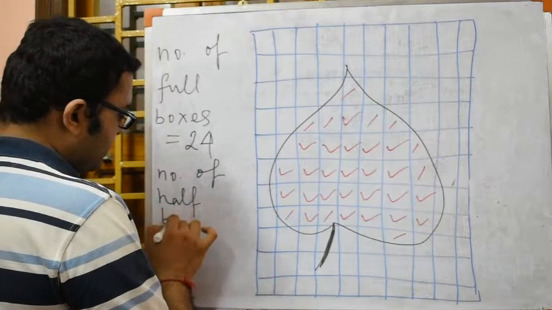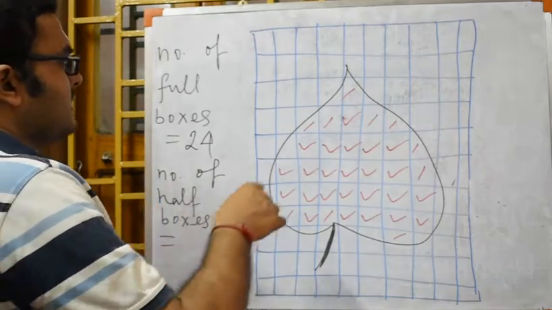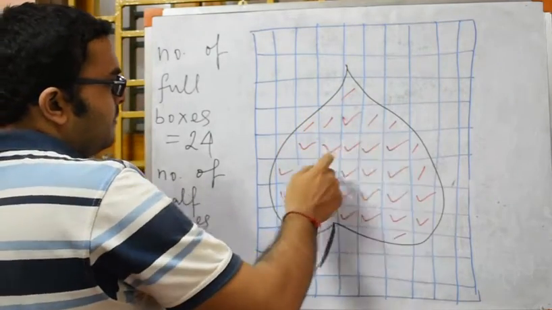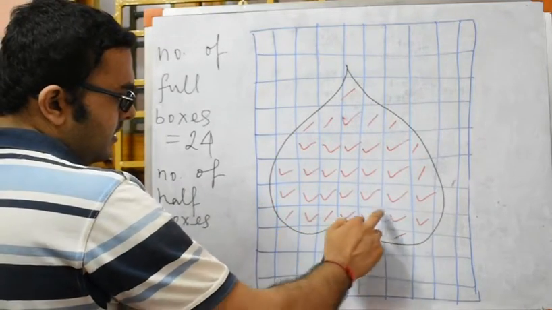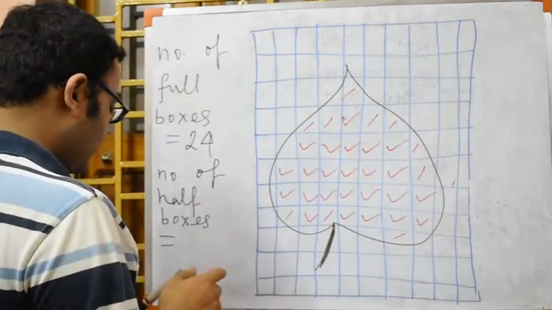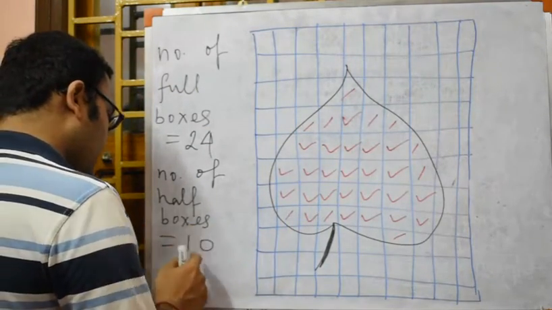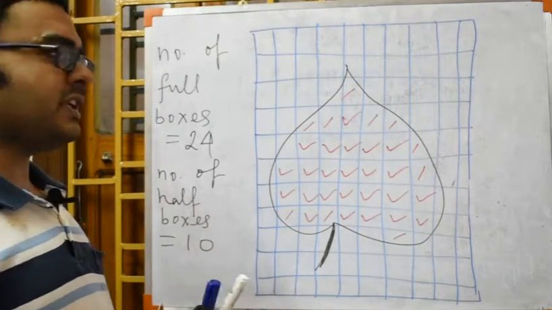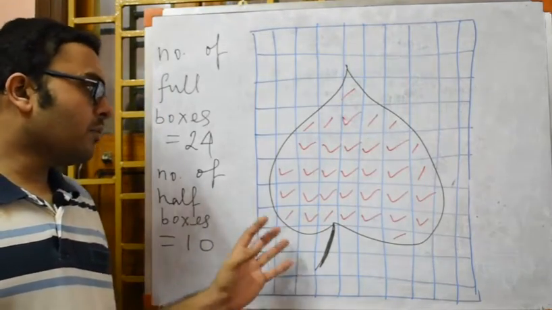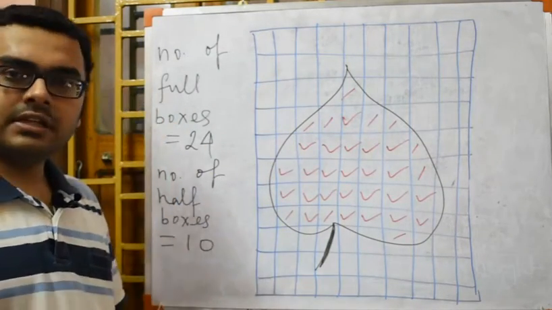Let us count the number of half boxes: 1, 2, 3, 4, 5, 6, 7, 8, 9, 10. So these are the 10 half boxes. Now, while calculating the area, we will add up the full boxes as well as those boxes which are at least half or more than half within the outline of the leaf.